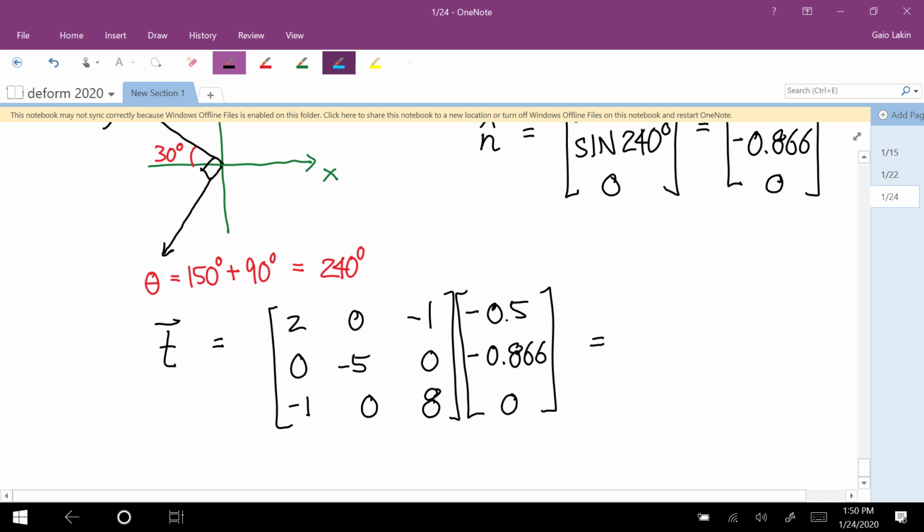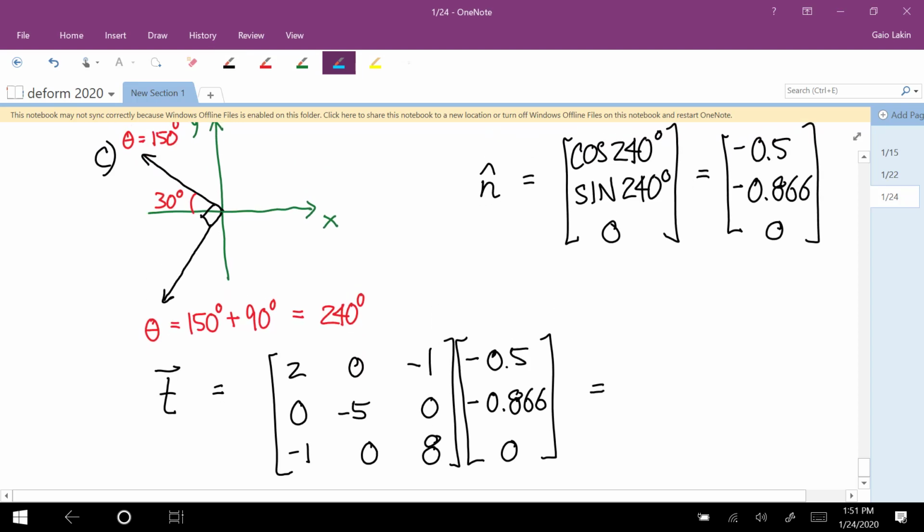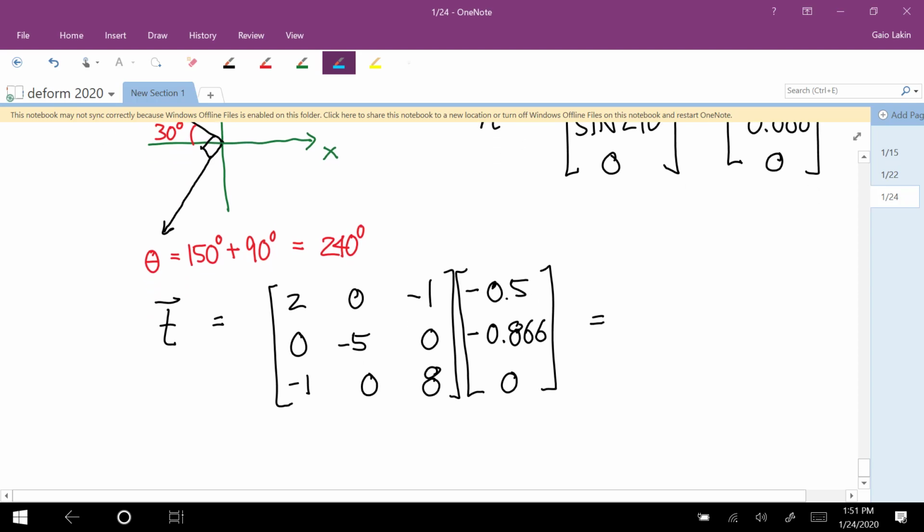Yep, negative 0.5. And so that is negative 1 for the first element, positive 4.33 for the second one, and positive 0.5 for the third one.